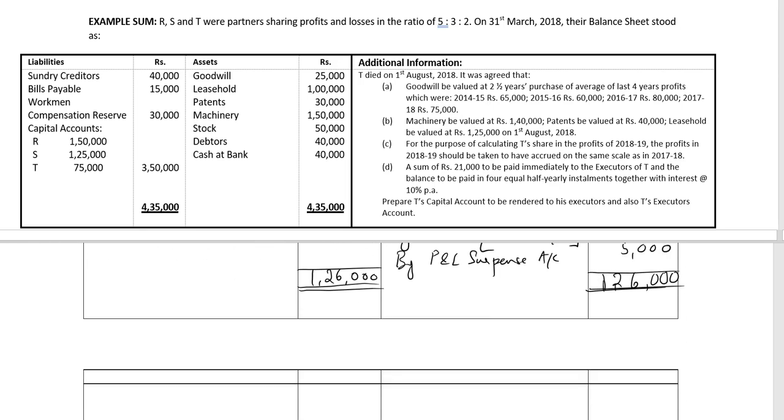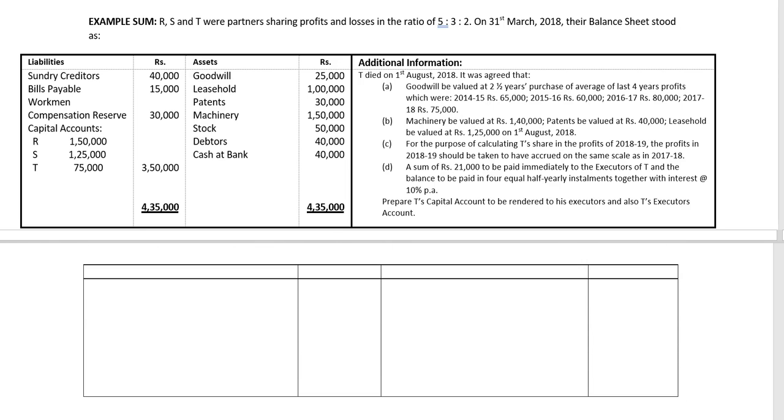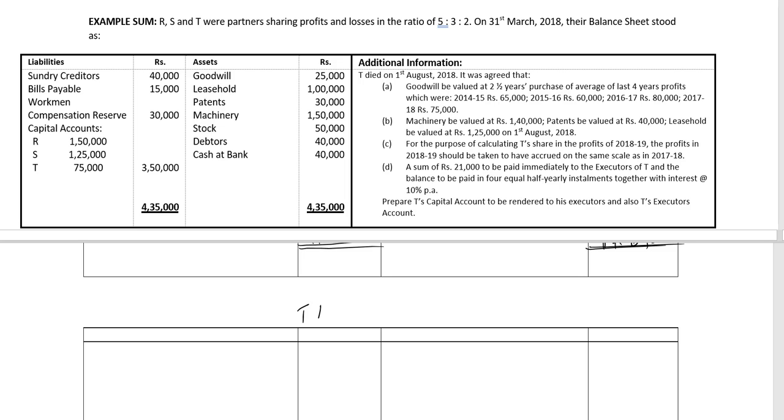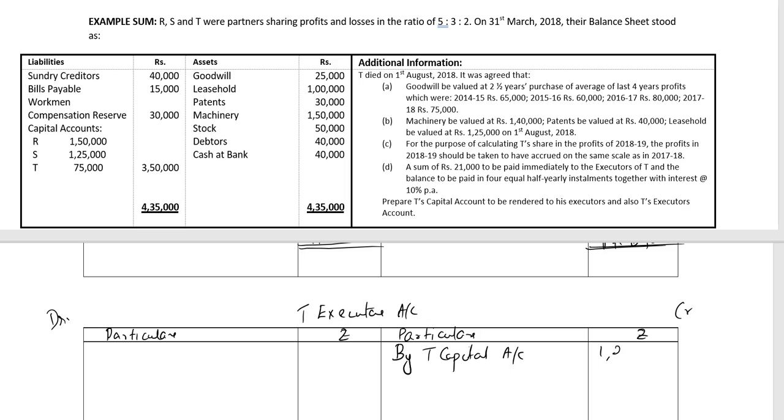Next, let's go ahead and prepare T's executor's account. T's executor's account. Left side debit, right side credit. Particulars, rupees, particulars, rupees. So the amount which is transferred from T's capital account to T's executor's account is rupees 1,21,000.